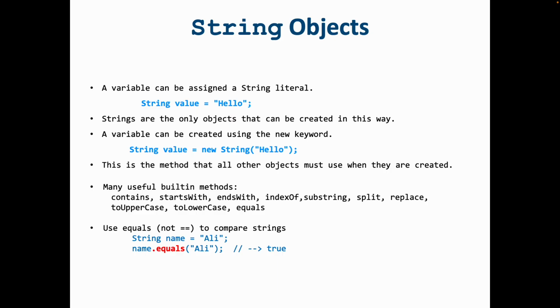New is basically reserving a room, a place in the memory for that object. To declare that object in the memory, we use the new keyword, and each new keyword actually creates a new instance in the memory.